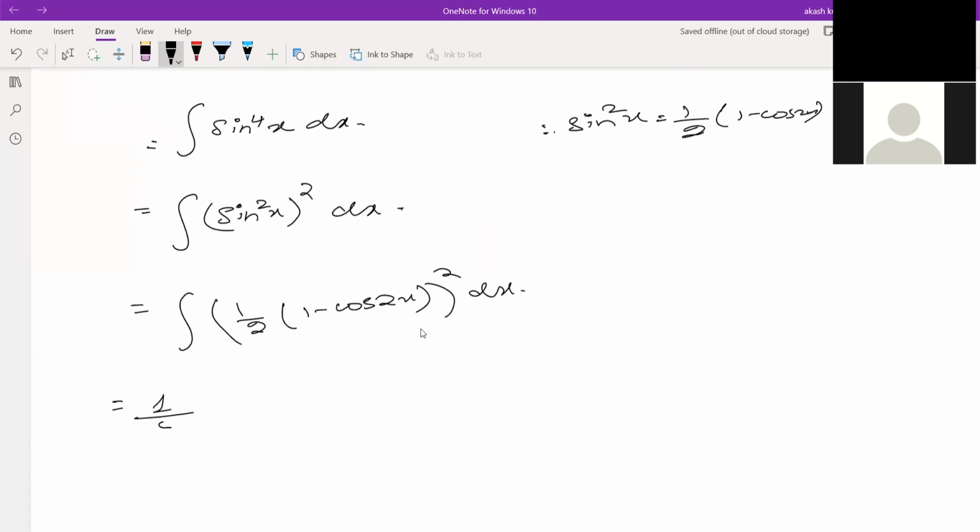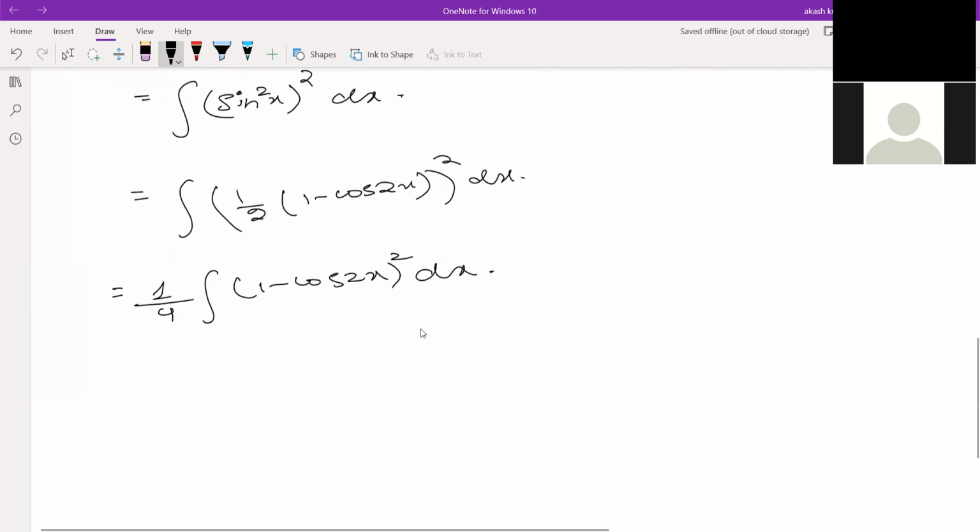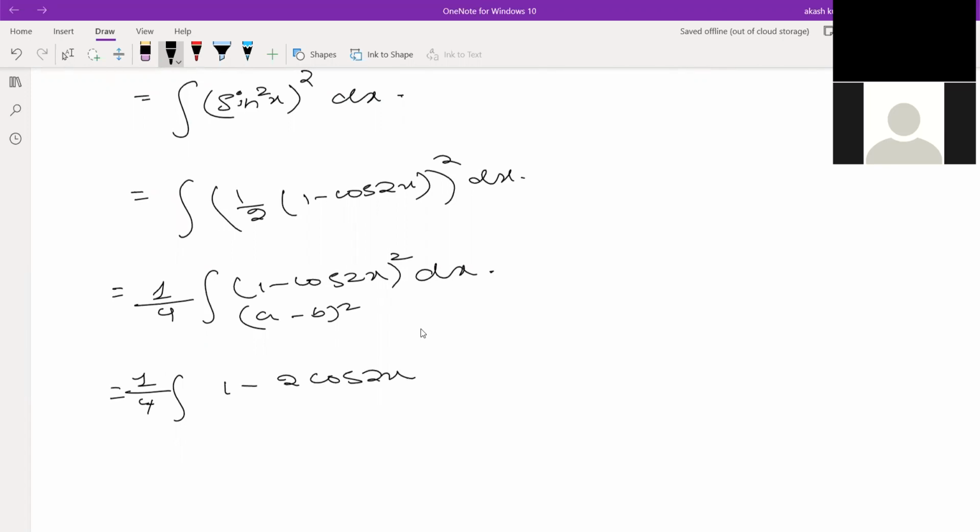One by 4 will be outside because it's a constant term, and inside is left 1 minus cos 2x, whole square. Now I have to again apply the a minus b whole square formula. So it becomes 1 minus 2 cos 2x plus cos square 2x dx.